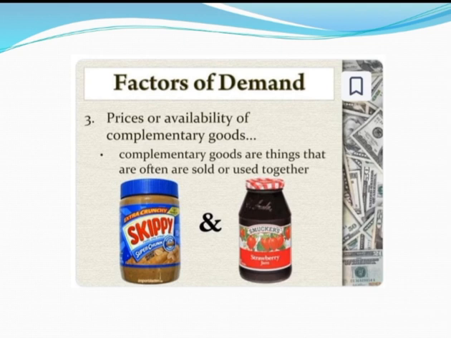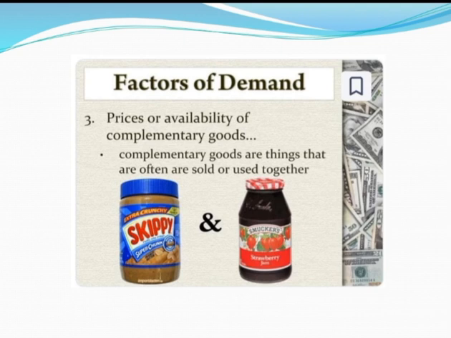Third one, the price or availability of complementary goods. Complementary goods are things that are often sold or used together. They are bought together because if you want to run a car, you need petrol.